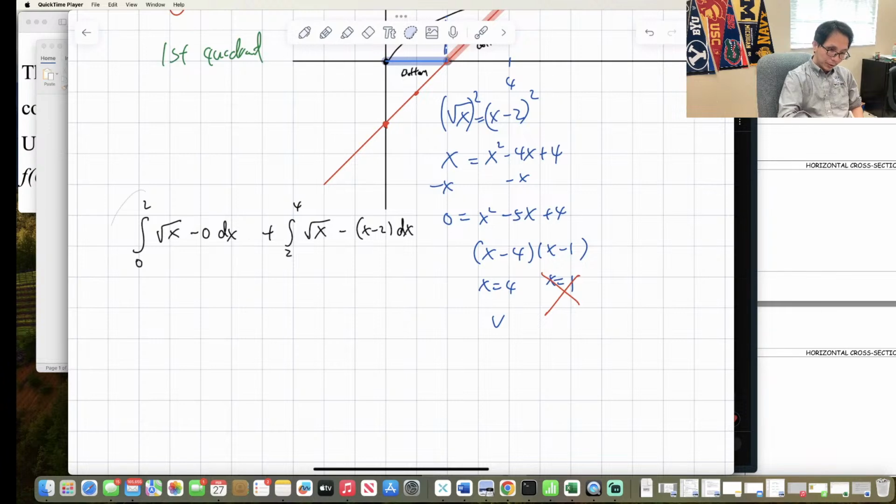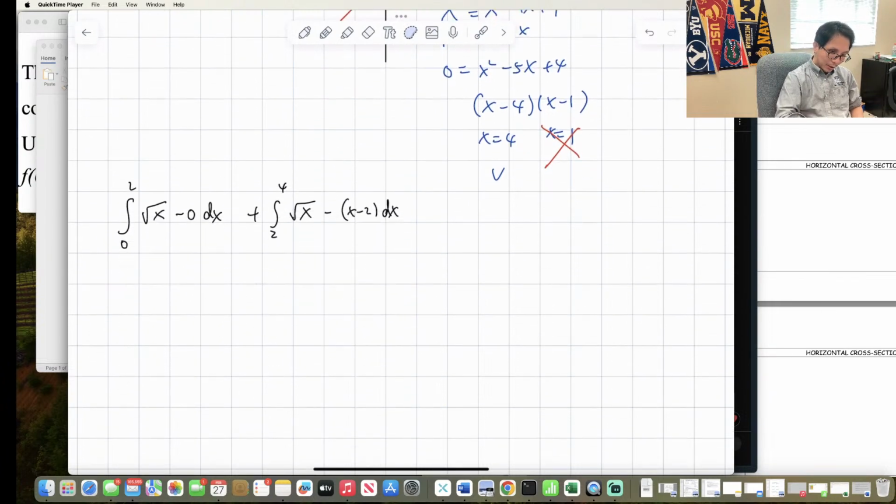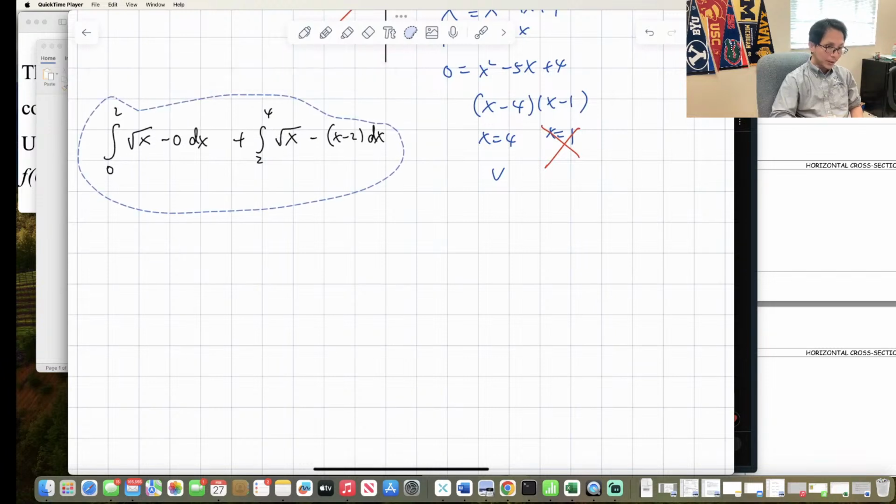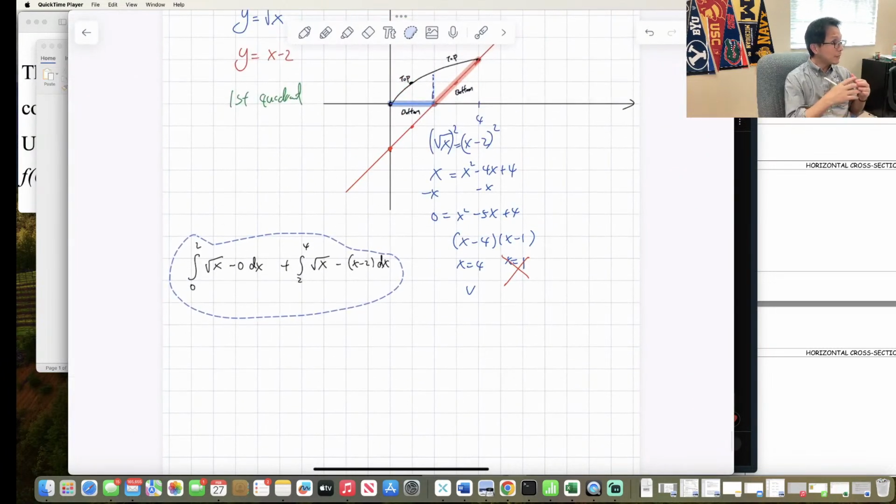Guys, please use a calculator to evaluate it first, because if you set up wrong, your answer is wrong, and there's no point evaluating. On your test or quiz, you're not going to have a calculator. But at practice, you want to make sure that you set up correctly, because on the AP exam, on the FRQ, they only care about the setup.